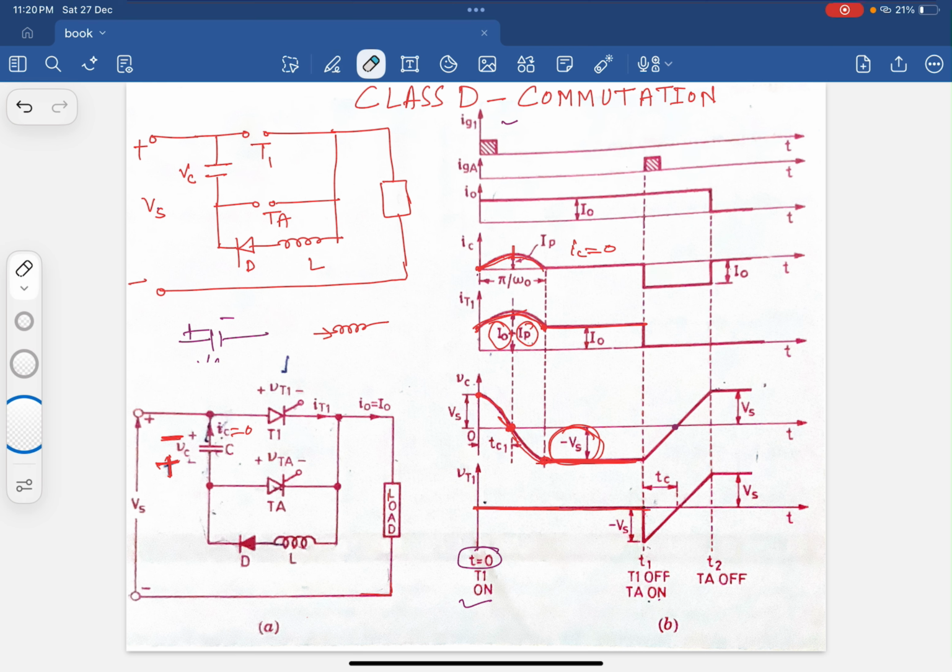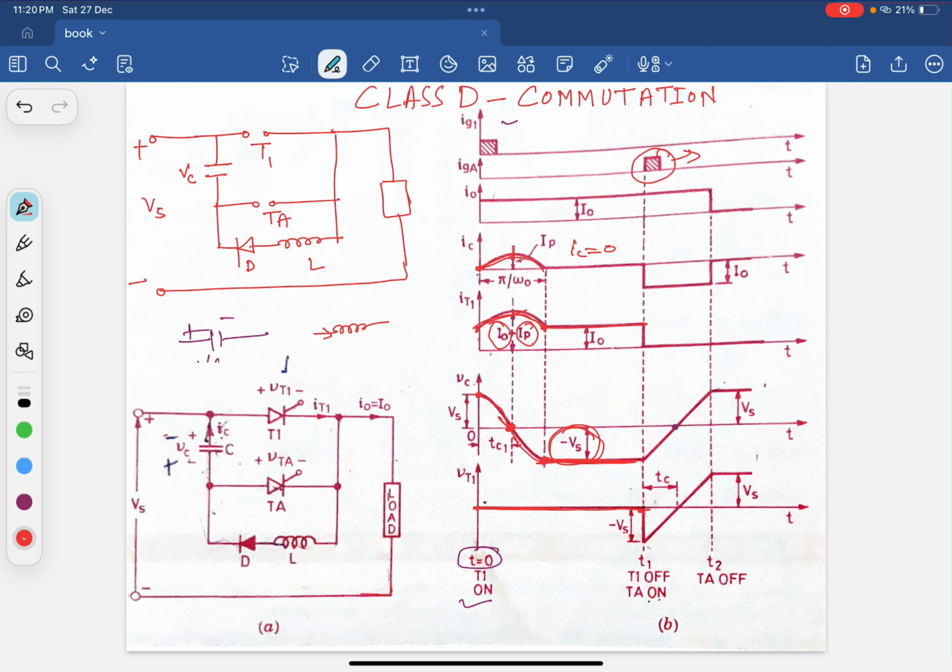These are the things we have discussed from the instant t equal to 0 to the instant t equal to 1. Now after that, we trigger the thyristor TA, the auxiliary thyristor, with the gate supply. Now what situation do we have?